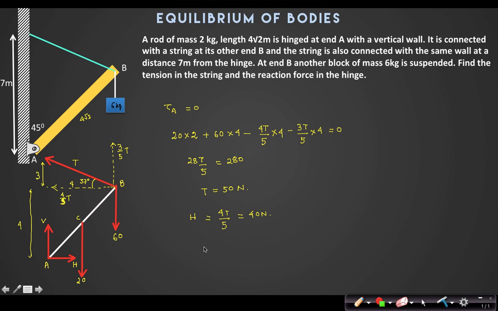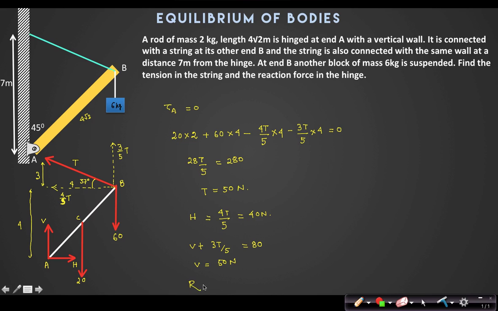And V plus 3T by 5 is equal to 80, so V plus 30 is 80. So V is equal to 50 Newton.